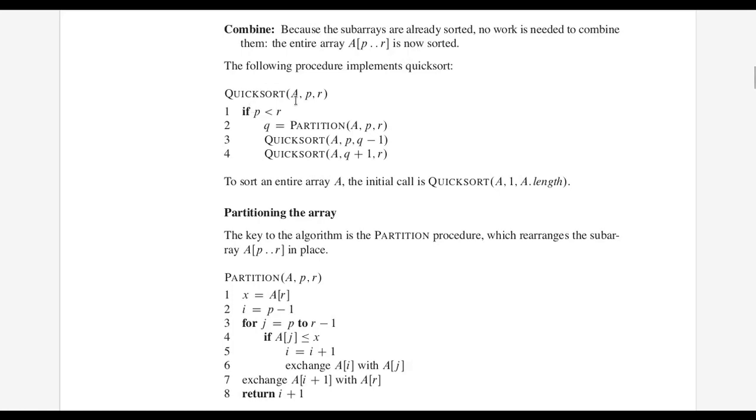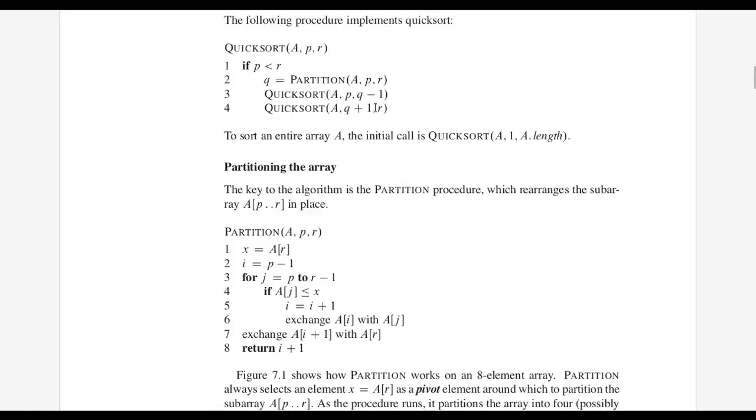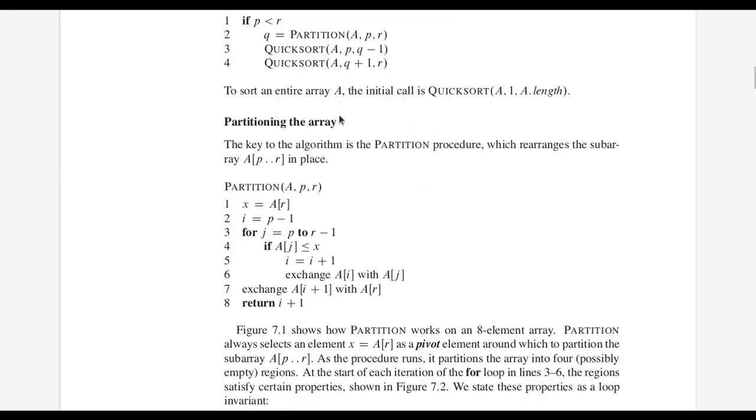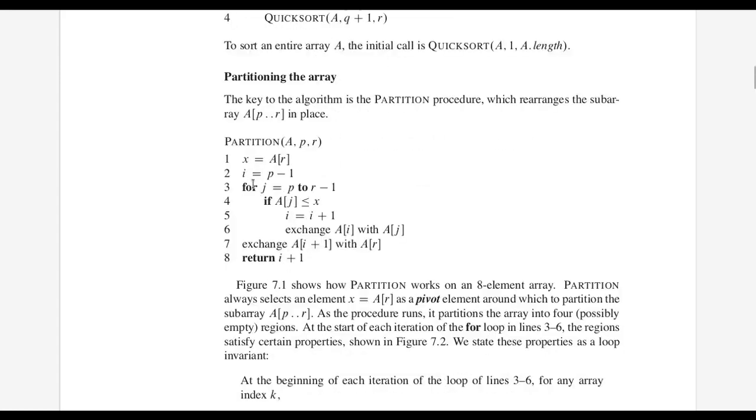This is quicksort algorithm. The objective of quicksort algorithm is to sort an array, and the partition sub algorithm plays a key role in quicksort. The objective of partition sub algorithm is to give pivot element its appropriate position in the array and divide the given array into two subarrays.